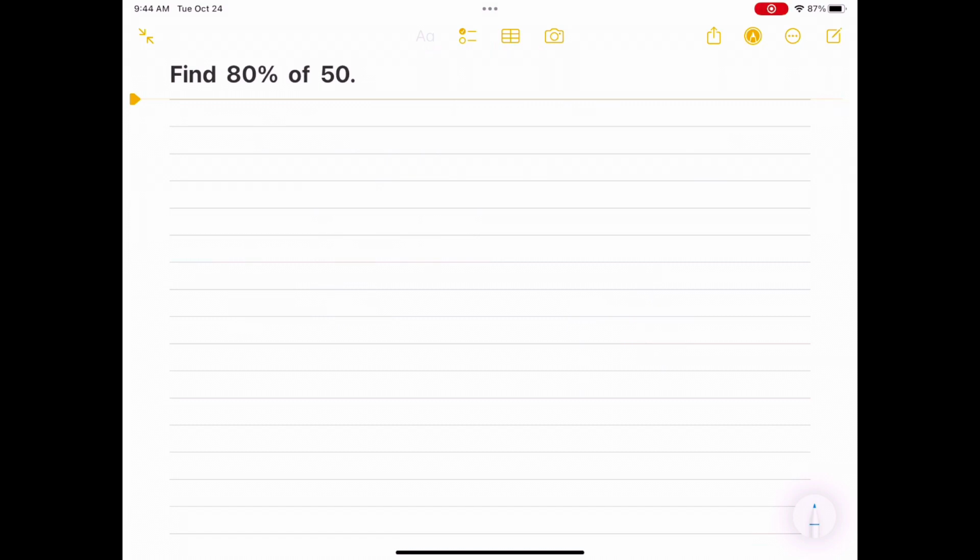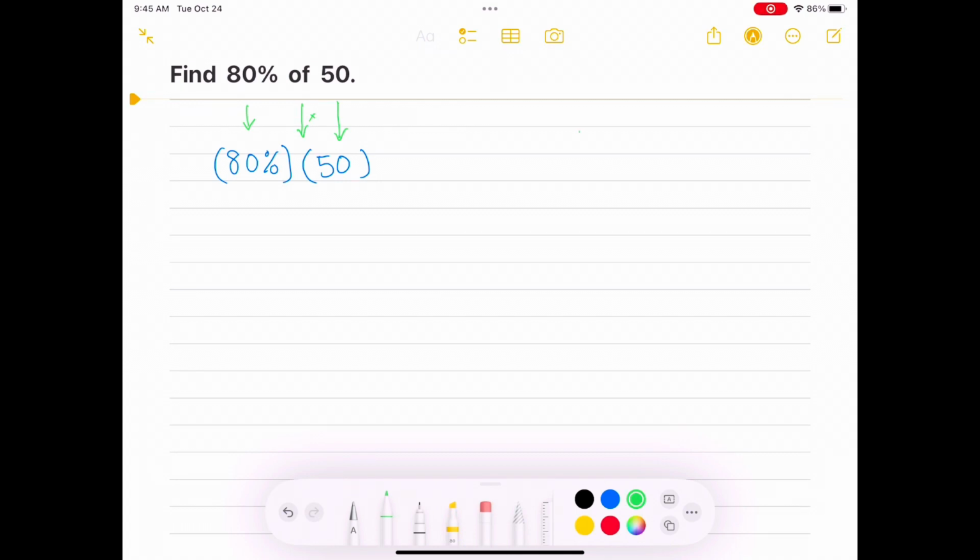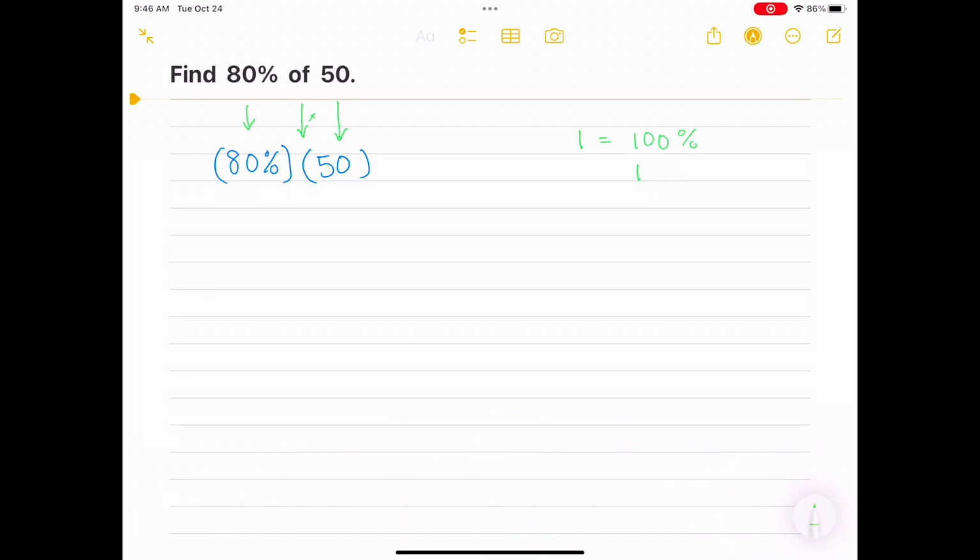Find 80% of 50. So we write that as an equation, 80% times 50. To solve that problem, we must convert 80% to a decimal. And once again, I use my little trick, 1 equals 100%, and I see that I need to move the decimal place over to the left 2 places to make a percent into a decimal.